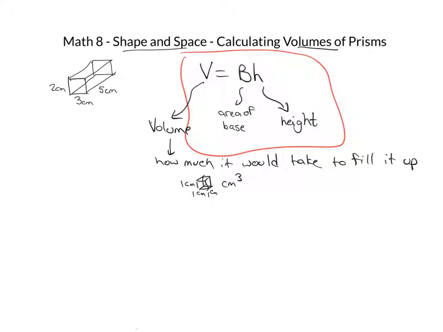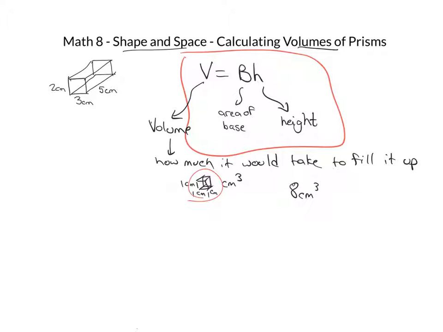Those little blocks tell us how many fit inside. If we said it's 8 centimeters cubed, it means 8 of these little blocks would fit in there, and that's how much it would take to fill it up. So volume is how much it takes to fill it up.